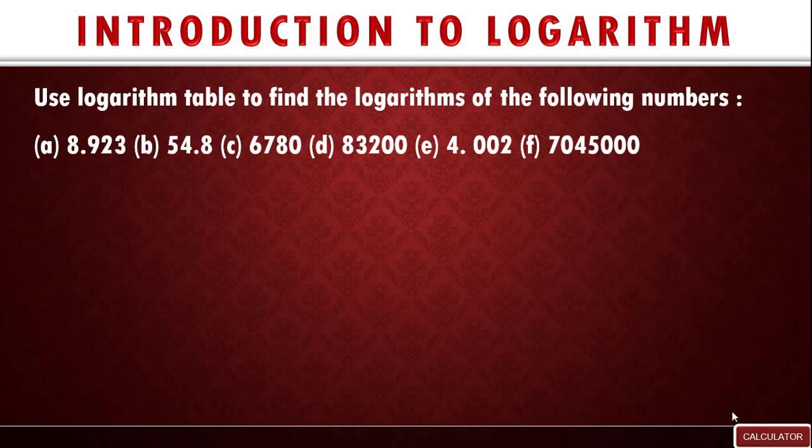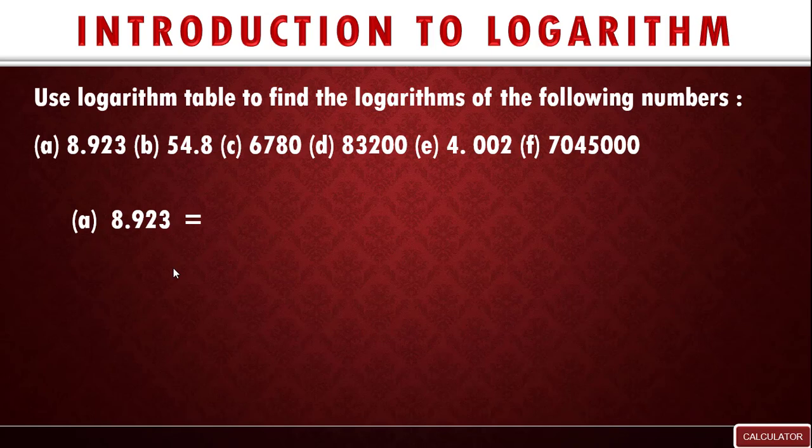In this example, we are asked to find the logarithm of the following numbers from A to F. We are going to start with the first one, which is 8.923. In order to determine the logarithm of this one, we're going to make use of our calculator. In example 1, I showed you how to make use of the 4-figure table. But in this example, we are making use of our calculator.